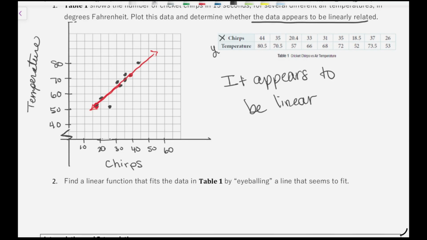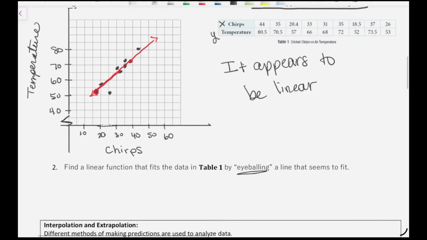Eyeballing really is just me kind of guessing where I think the line should be. And I'm going to create what I think is the line that fits it the best. So for slope, I picked these 2 points: 18.5 and 52, and 37 and 73.5. I don't think I want to make any assumptions.